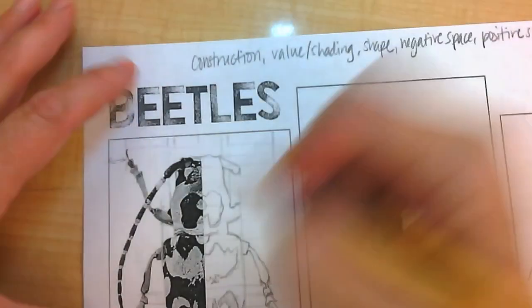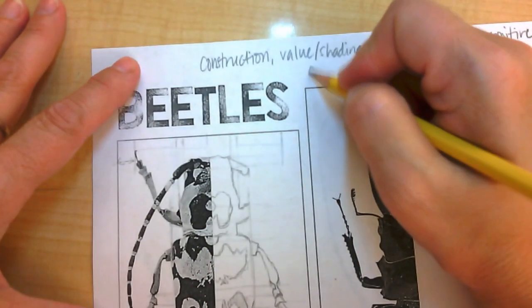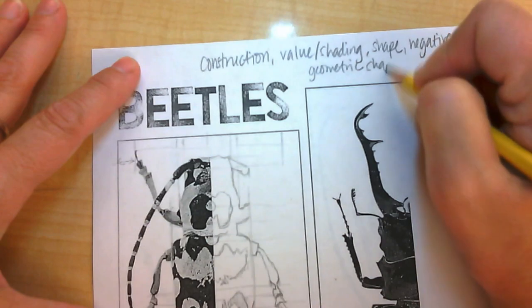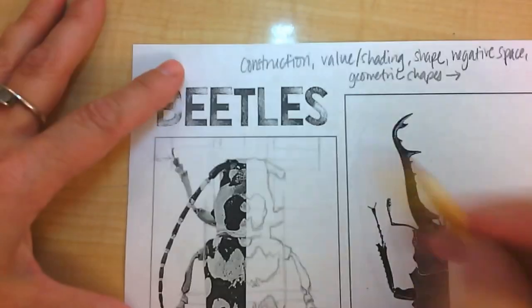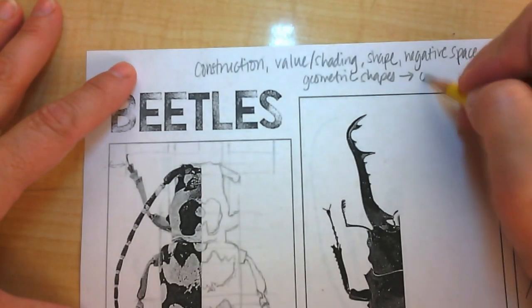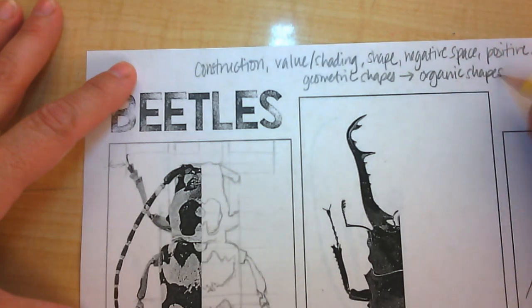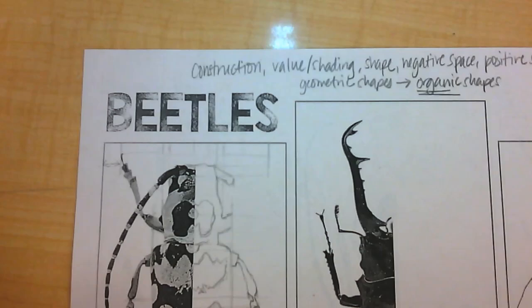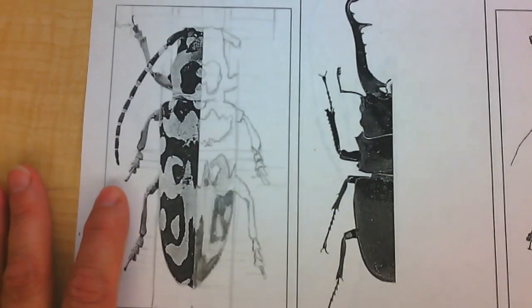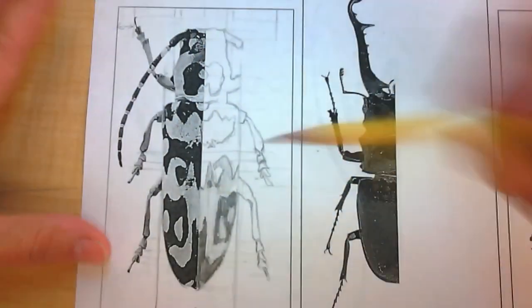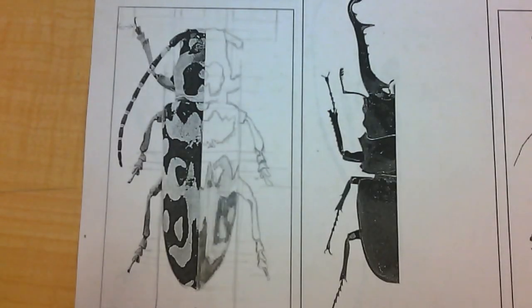And you can use, as I have here, you can use geometric shapes to construct your organic shapes, because your beetle is organic.